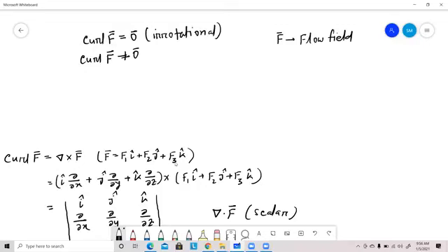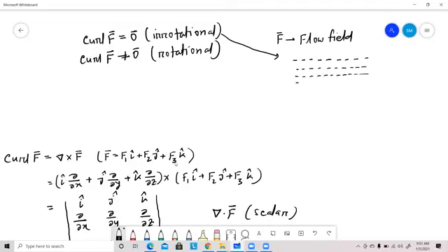And if curl of f is not equal to 0, it will be rotational. If f indicates the flow field and curl of f equals 0, then the fluid flow will be laminar and there will be no rotation.